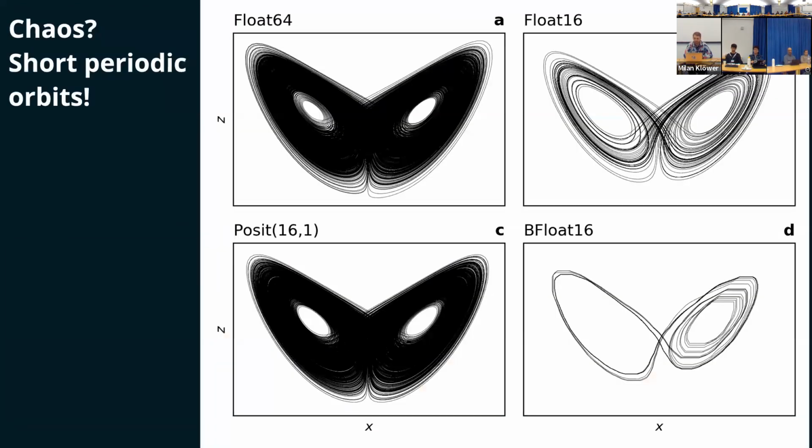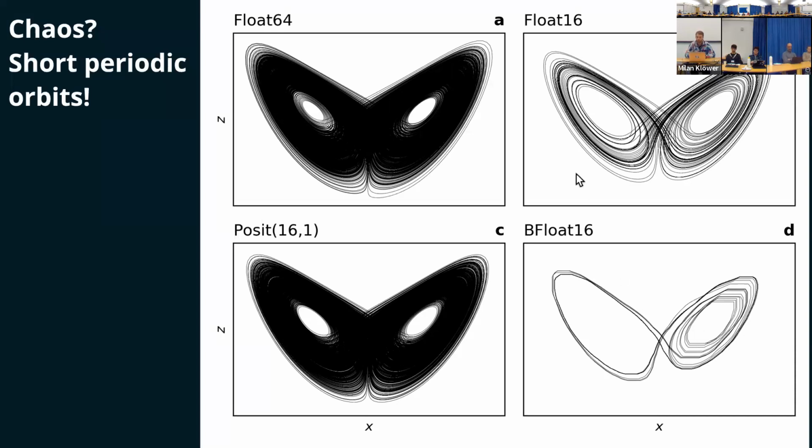Some of the other pain I went through is that our systems are chaotic. Not always, but almost all of the systems that we simulated are chaotic. Once you go down in precision, in these very simple examples, like the Lorenz 63 system, you probably know the butterfly, which chaotically jumps from one wing to the next and back and forth.